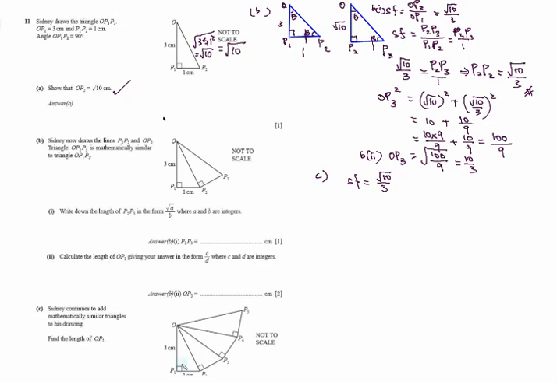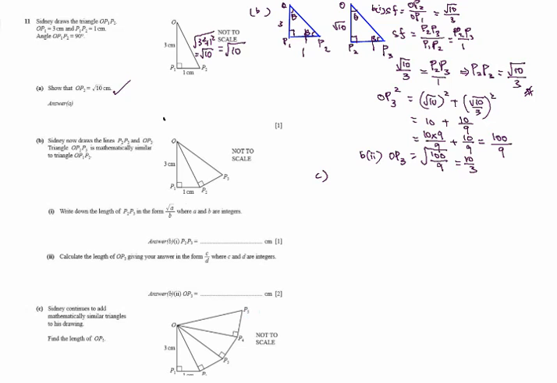Now, from here, this length, for it to change to this, we use this scale factor. Wait, have we found P1? P1 is 1. Sorry, there's a mistake here. Because here it is asking for OP3, this length. So let's use this with OP2, because the question is looking for OP5.